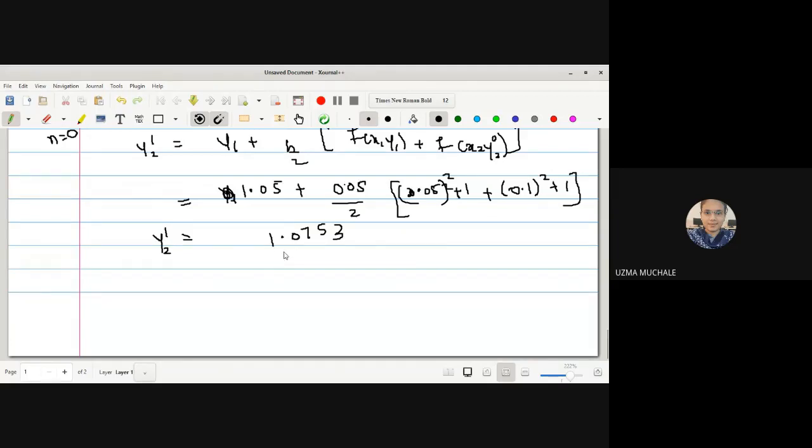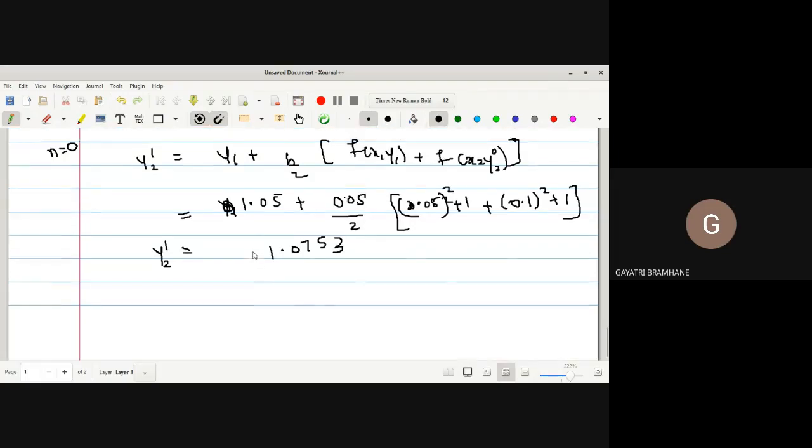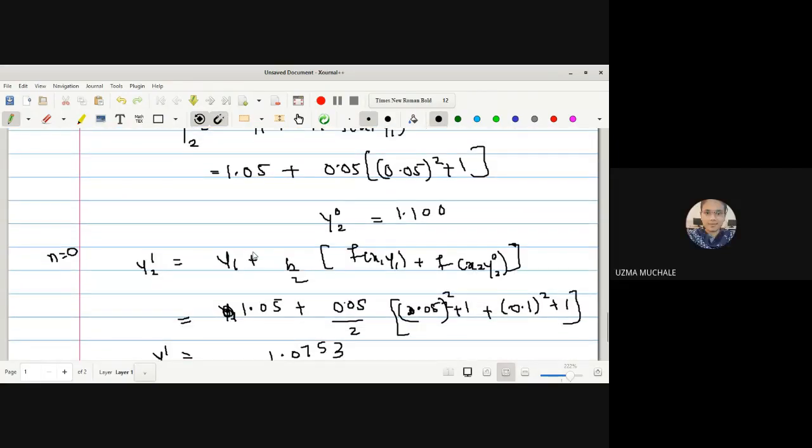Yes, anyone having y2 dash? Ma'am, it is same as above, 1.1. I'm getting it. Why is it the same? Because whatever we have solved is not the same, no? Here it is 0.05 square plus, here we have 0.1 square plus 1.